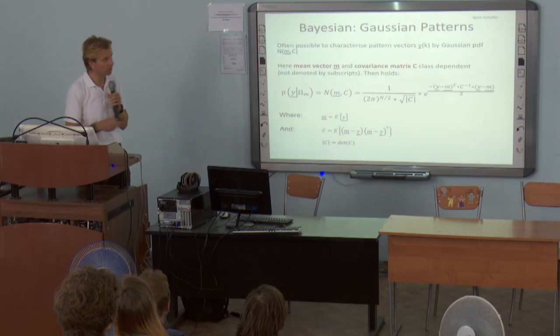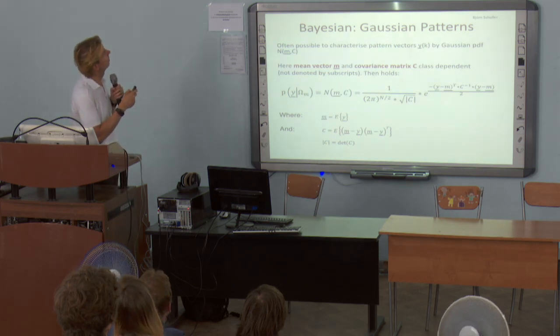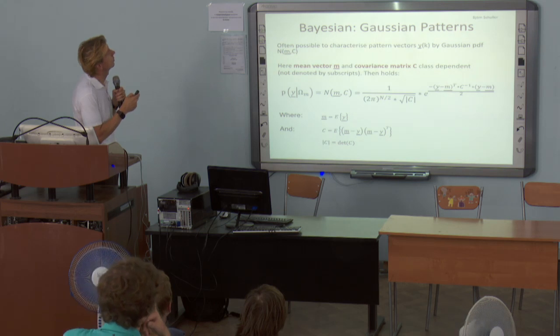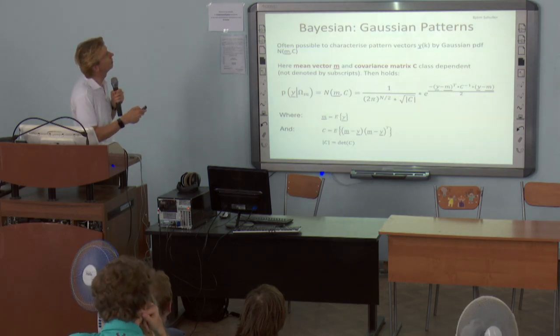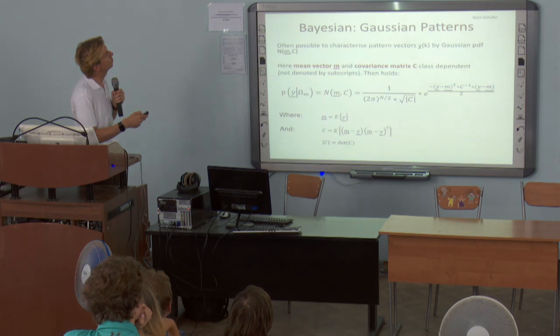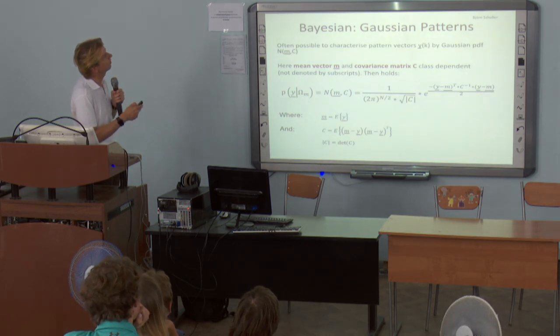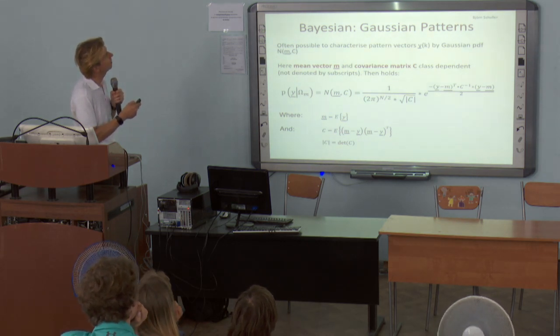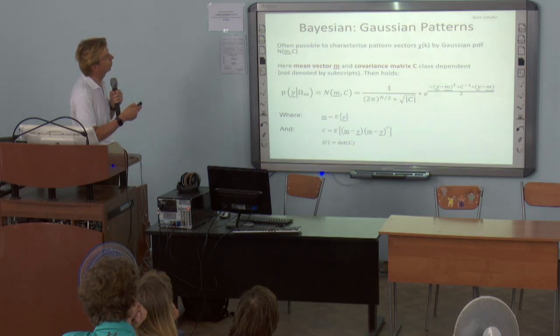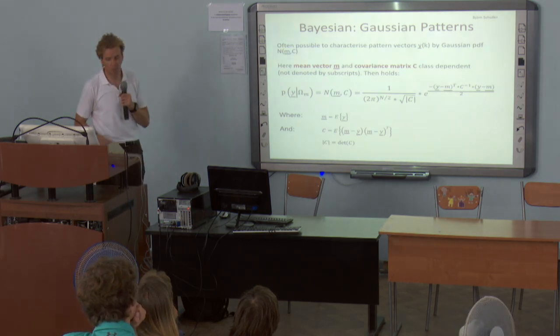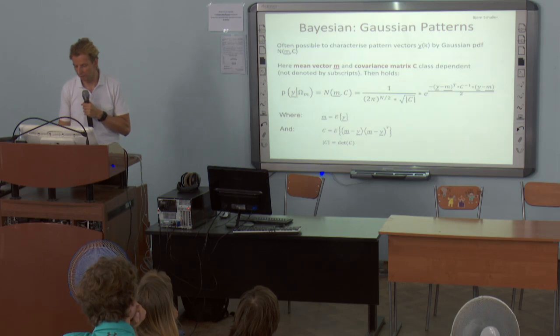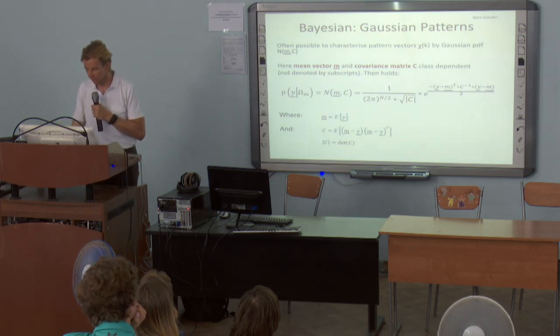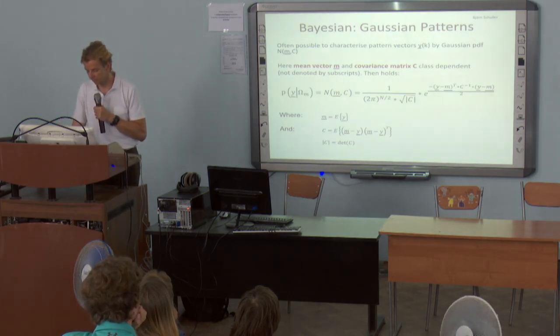So we're assuming that your conditional probability of the feature vector, under the condition of the class, is a normal distribution. Hence we have the normal distribution function here, and we need to estimate basically the mean vector and the covariance matrix from the data. So we just need to determine some parameters, rather than trying to find the whole PDF in reality.